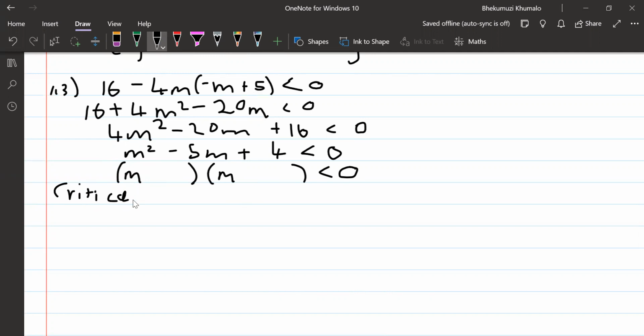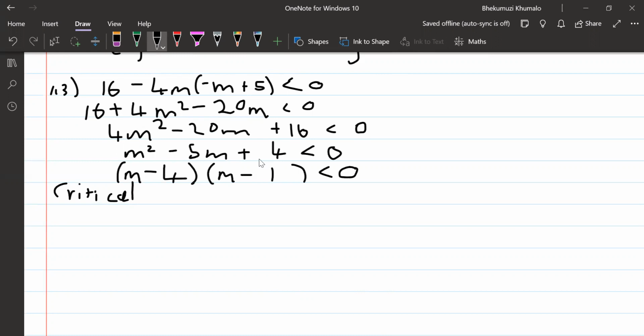Because remember, unlike a normal equation where you found the factors, with inequalities you're not actually solving for a single value, you're solving for an interval of values, a set of values.